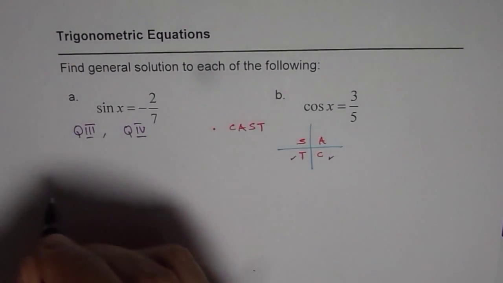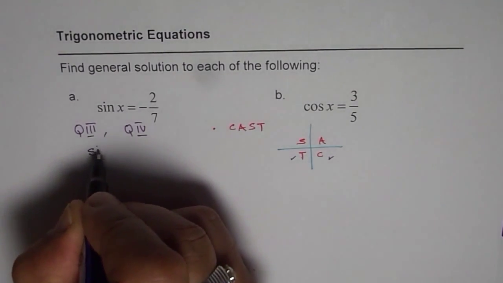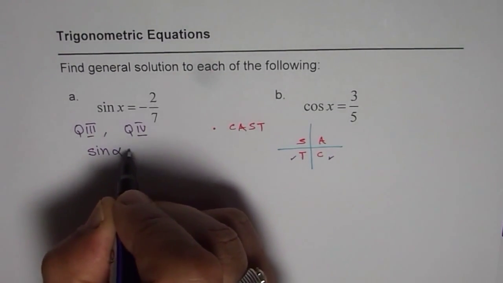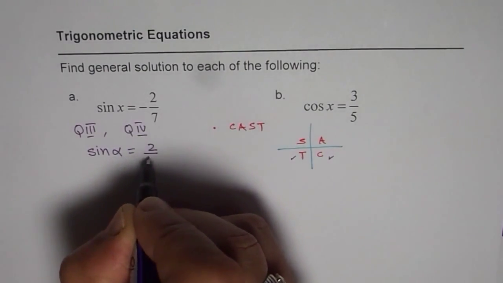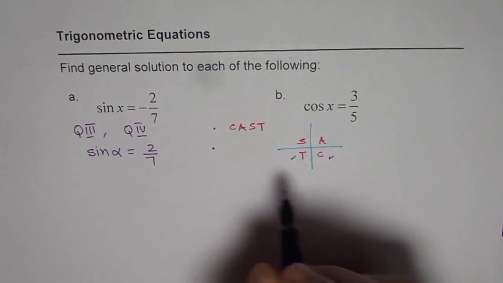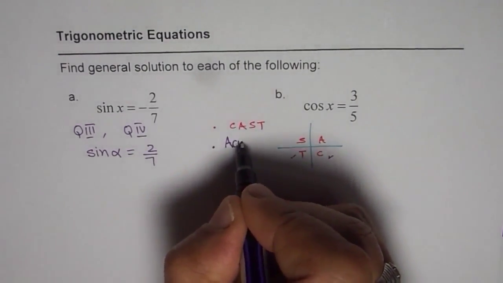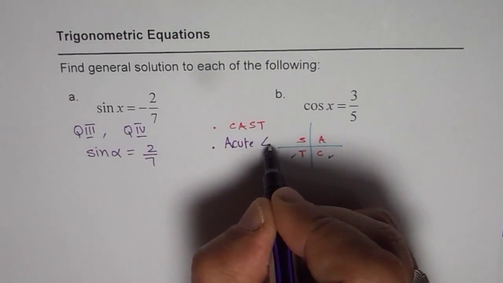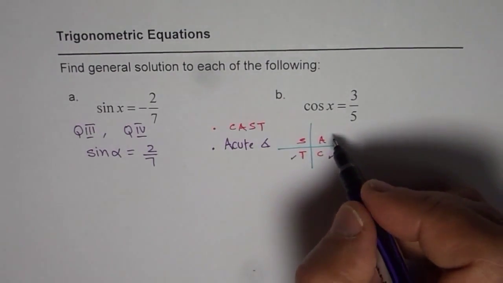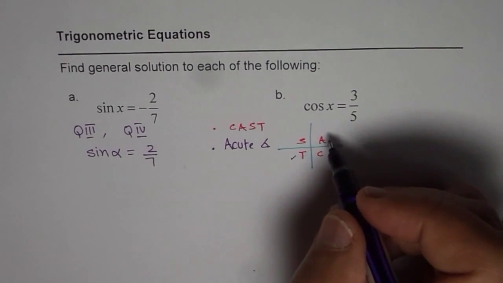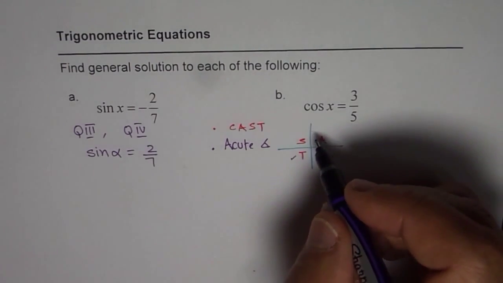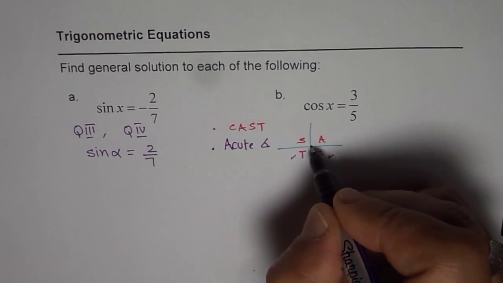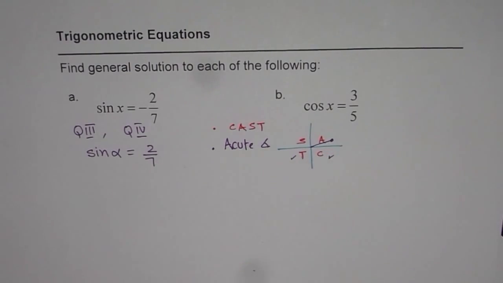Now what we really find is sine alpha equals 2 over 7. So what I'm saying is find the acute angle. The acute angle will be an angle in quadrant 1, which is always going to be positive. Let us say we have an angle which is kind of here. This is what we'll find, and we'll find this using a calculator.